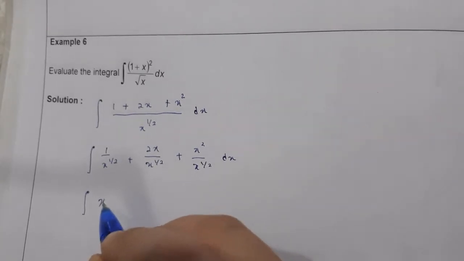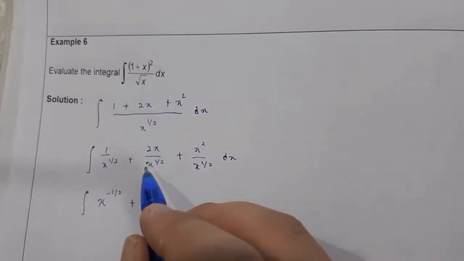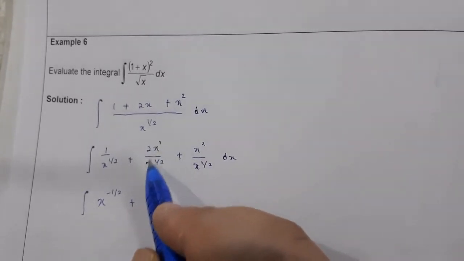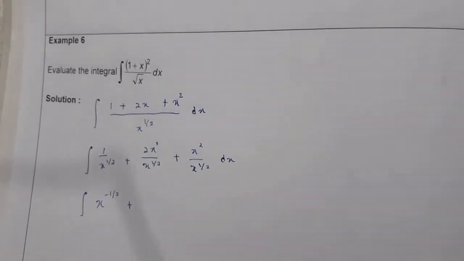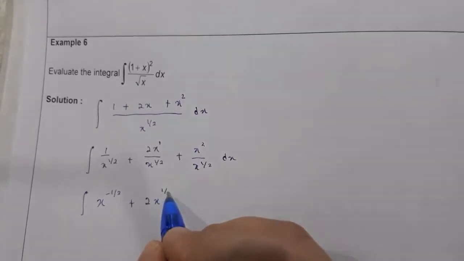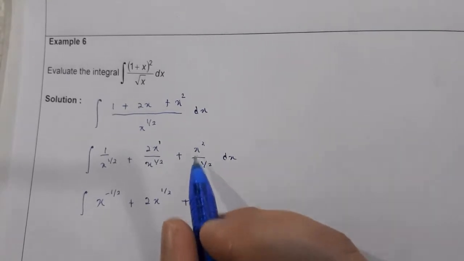So we have x^(-1/2) plus, simplify 2x, meaning that 2x^1. x divided by x, minus the power. So 1 minus 1/2, we get 2x^(1/2). Okay, plus x divided by x.